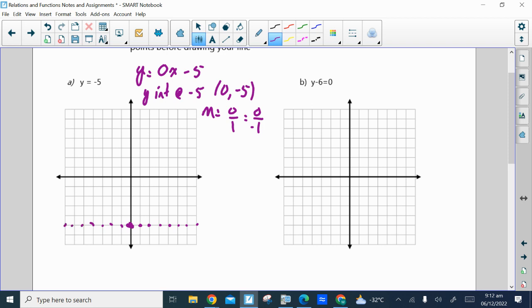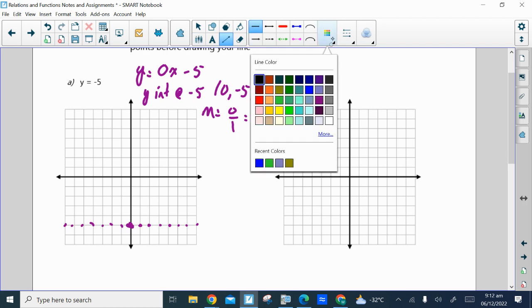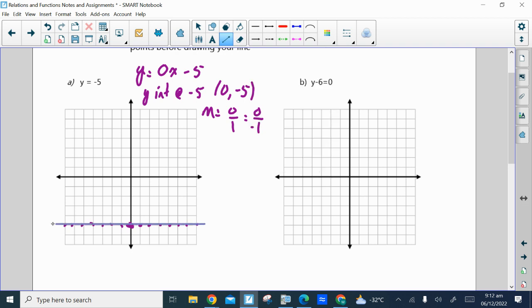This is a horizontal line. It's parallel to the x-axis, or as some really smart people say, the x-line. So that's one way to graph that line. Think of it in terms of slope of 0, a y-intercept of -5. But here's another way.